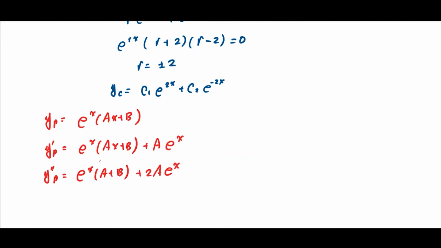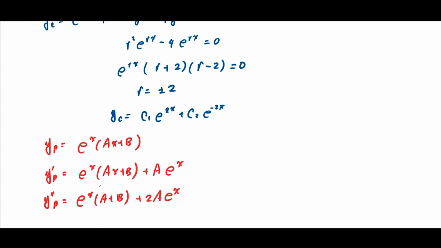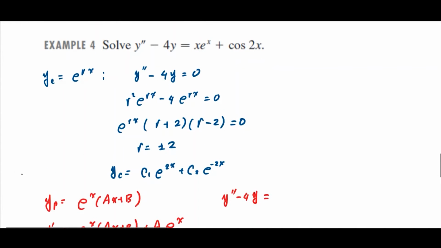Is that too much? Or you got this? Questions? Okay, now we plug it into this differential equation. y double prime minus 4y is equal to, here we have these two terms, but we are just doing this one at the moment, so x e to the x. You get it? And then we'll do that part separately.